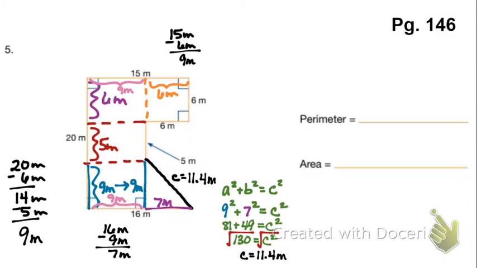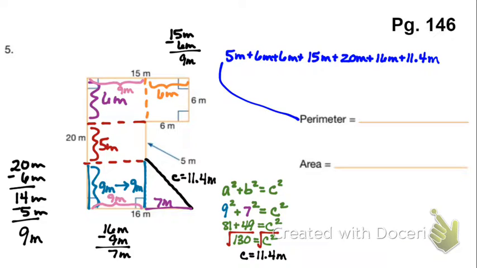Find the perimeter for me. That is correct. 79.4 what? Meters.